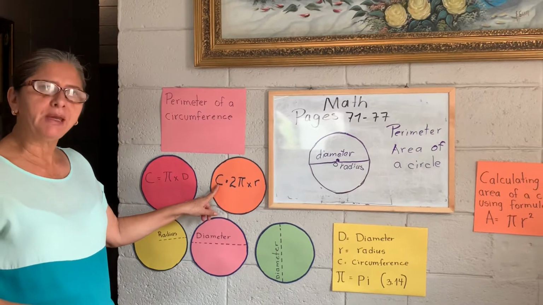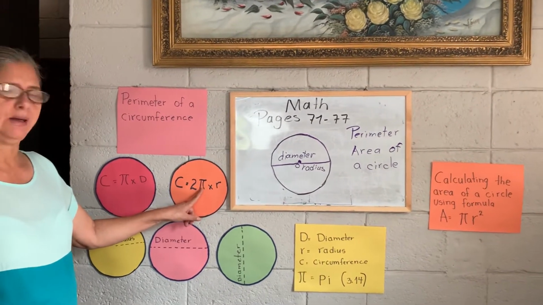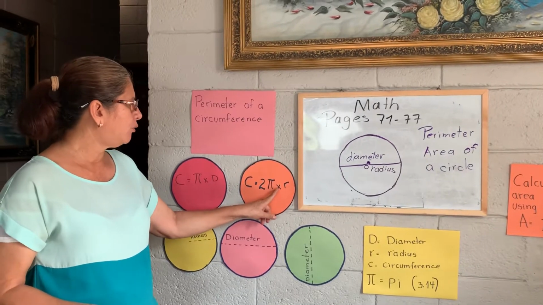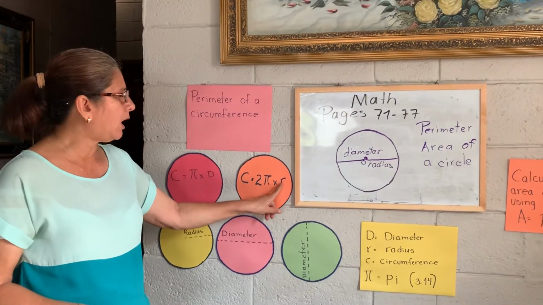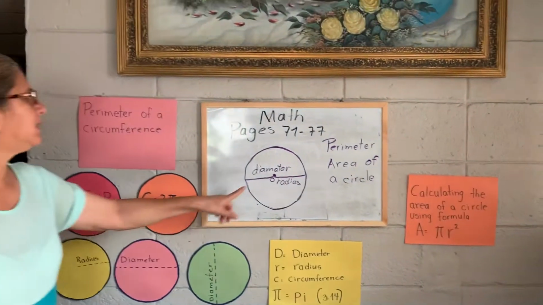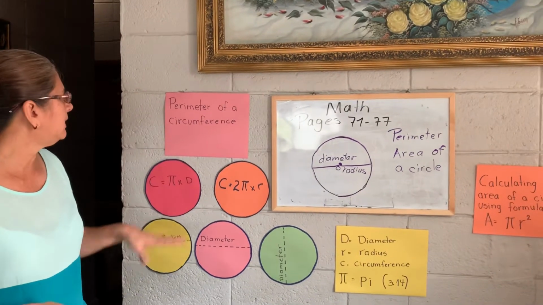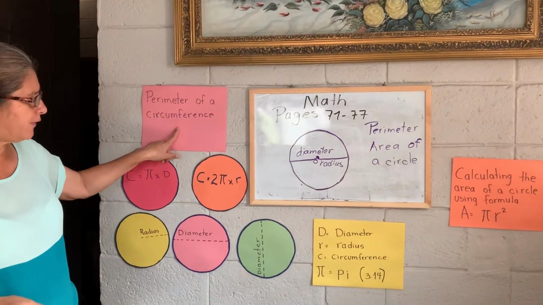And this C means circumference, and 2 multiplied by pi multiplied by R, in which R is the radius. So this is to calculate the perimeter of a circumference.